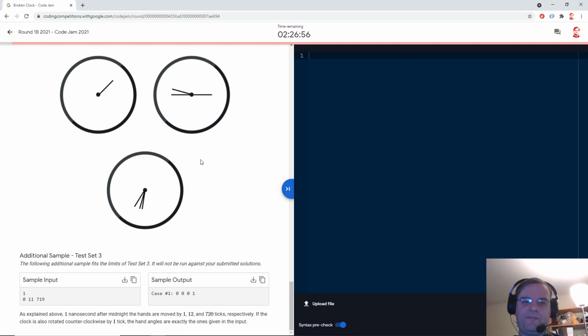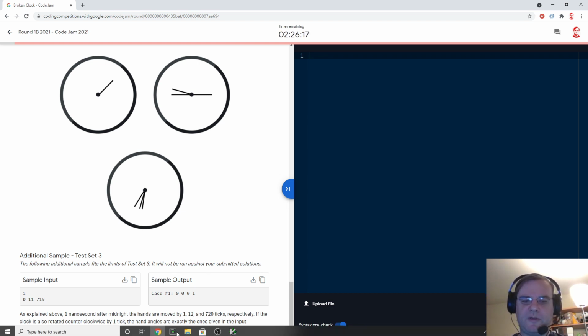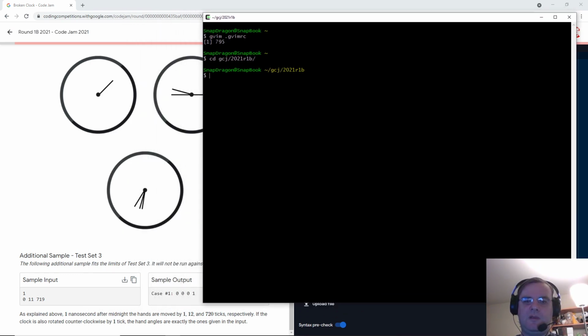So we can iterate over which hand we think is the hour hand and how many times the minute hand has rotated around, I suppose. And then we can just check to see if the seconds hand corresponds to the same input. All right. Let's see how it goes.